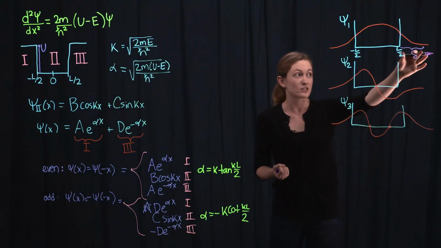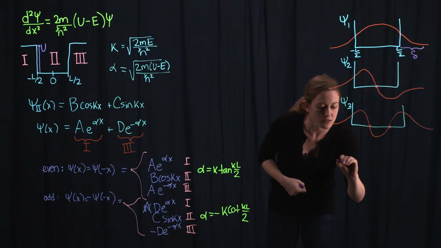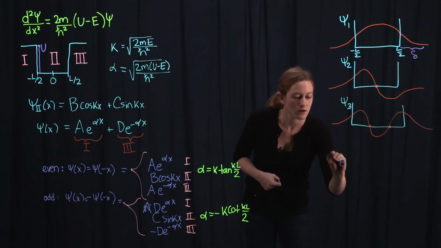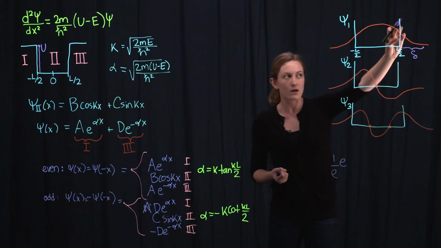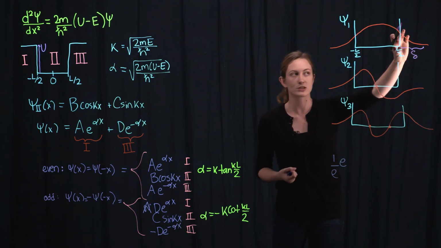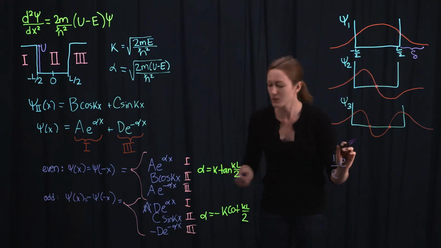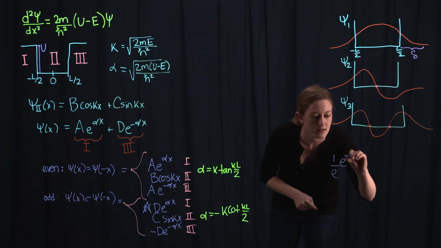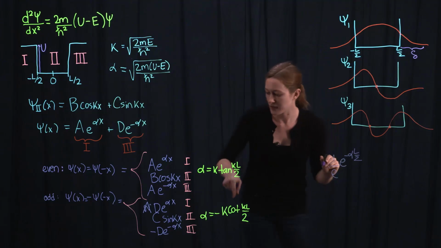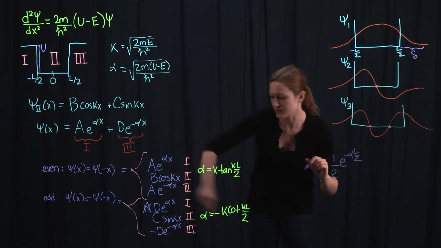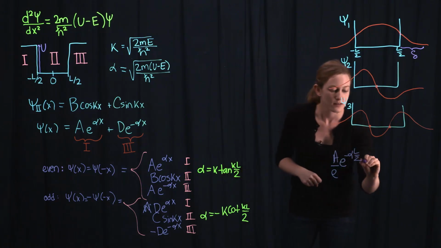by using its definition. So we want to know when the wave function is 1 over e times its value at the wall. So for instance, for the right-hand side of the wall, which by symmetry will give us the same answer as the left-hand side of the wall, the value at the wall is just e to the minus alpha times x equals L over 2 times the normalization. So for instance, for the even case, let's say A, we get the same answer for both the even and odd cases.